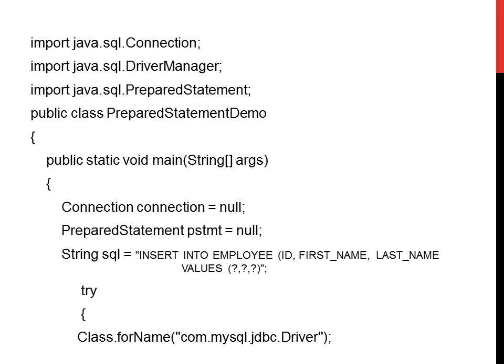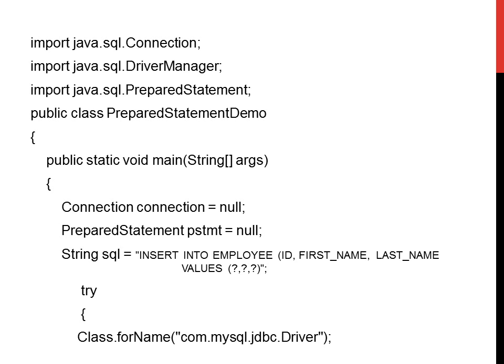So this is a complete program for inserting into a table, the employee table. You have to insert ID, first name, last name, these three values into the employee table. So the insert will have to be performed multiple times. So instead of using the Statement interface, we can use PreparedStatement. You can either import the whole java.sql.* package, or you can specify which packages to import.